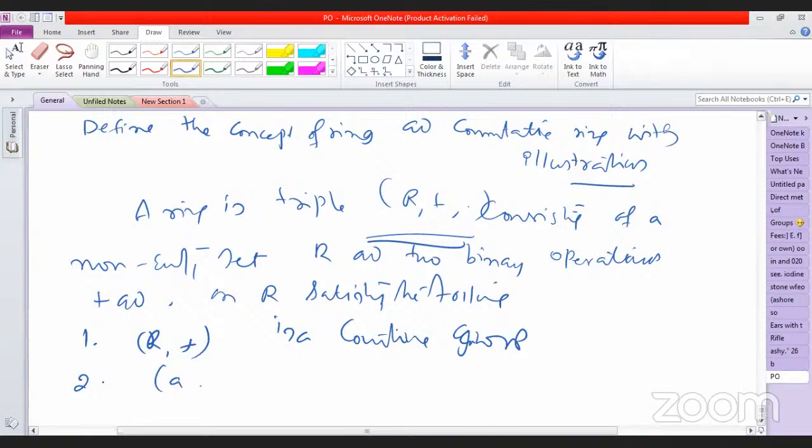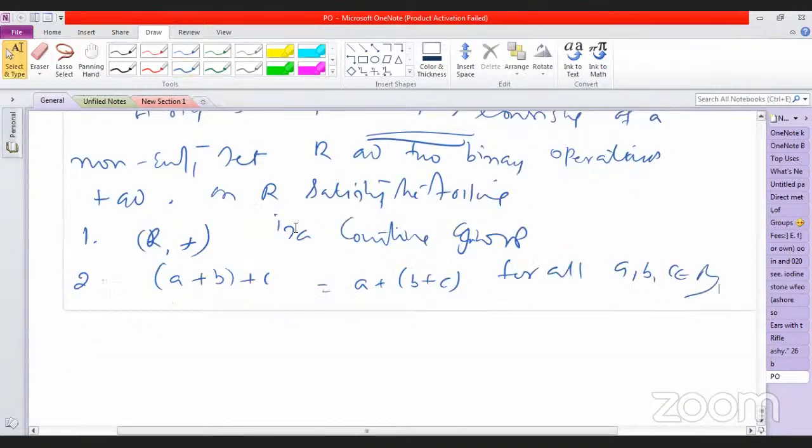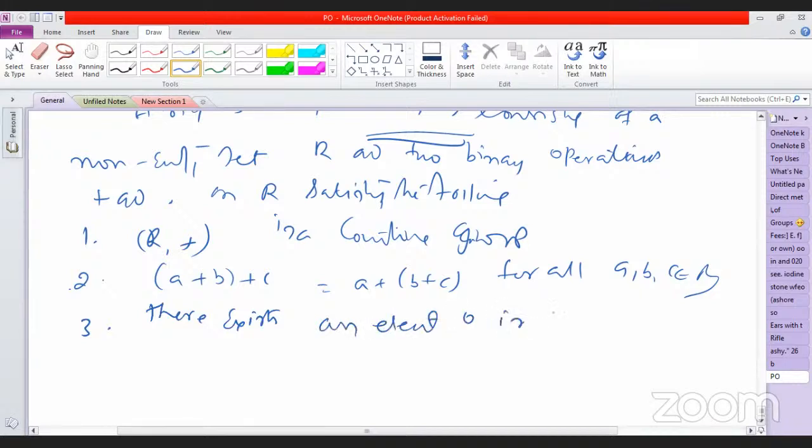Second one, (A plus B) plus C is equal to A plus (B plus C), it is associative, for A, B, C belonging to R. Third one, additive identity: there exists an element 0 in R such that 0 plus A is equal to A for all A belonging to R. Correct? Yes, sir.